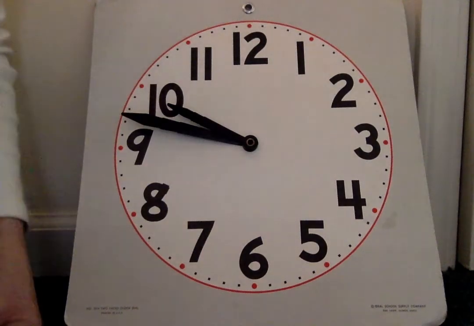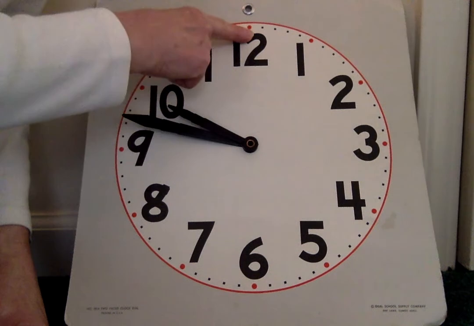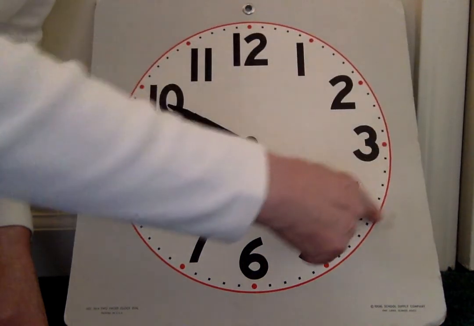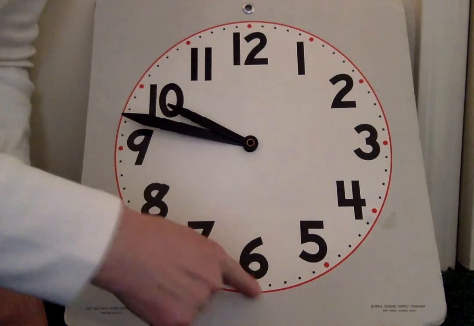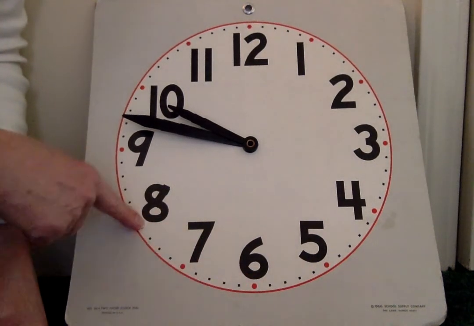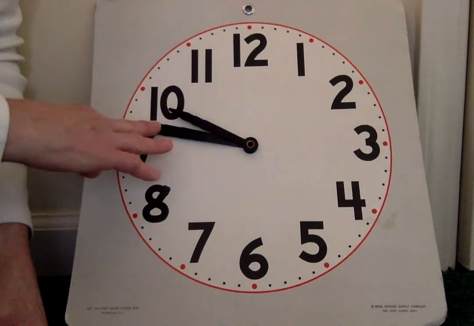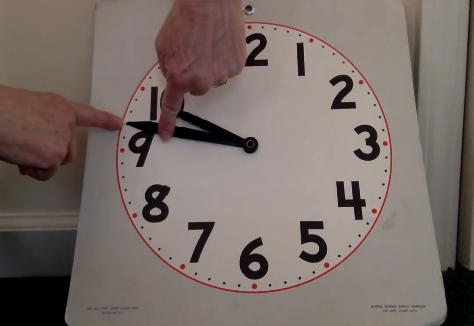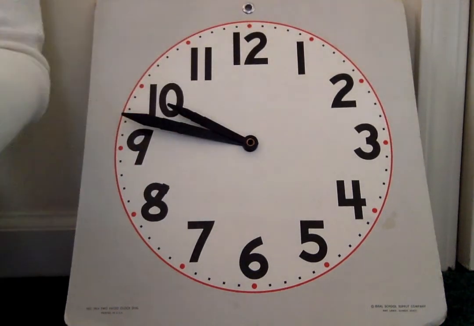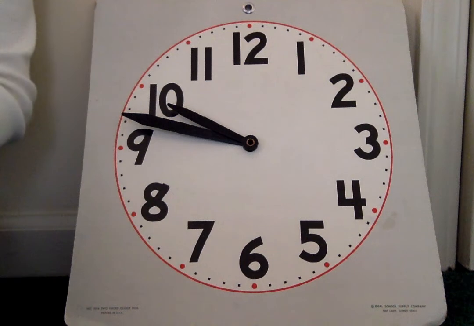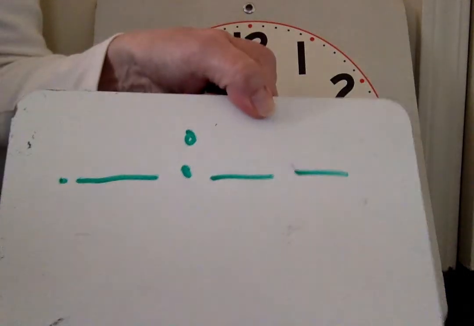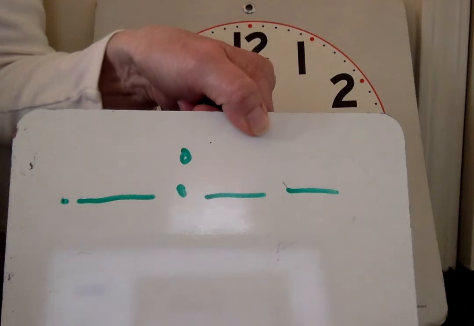How many minutes after 9? Start at the 0, which is 12. 5, 10, 15, 20, 25, 30, 35, 40, 45, 46, 47. It's not 10 o'clock yet. It's 9:47. Write it the way it should look.